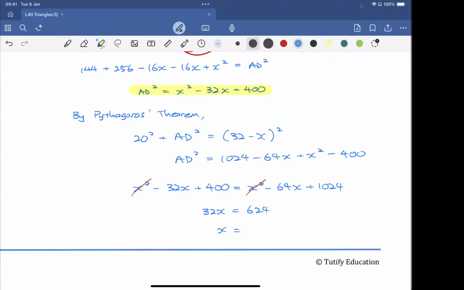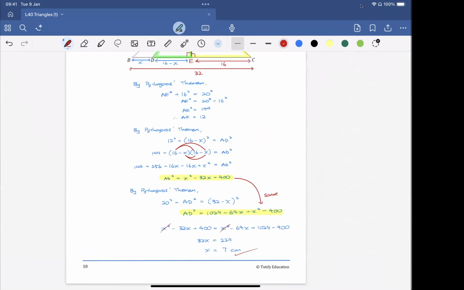Okay, so then I can say that this is the same as this, because both of them are AD. Both of them are AD squared. So they are the same. So I'm missing out the negative one. So this must be 224. So x is 224 divided by 32, which is 7 centimeters.